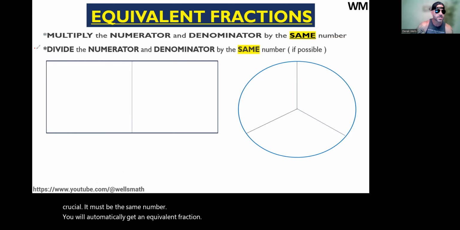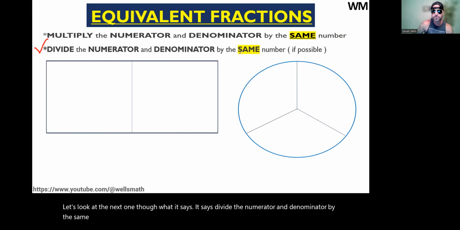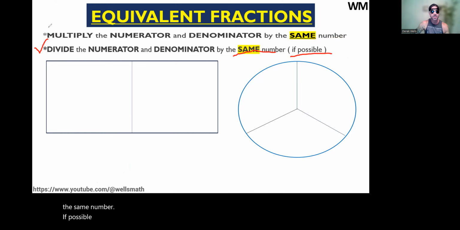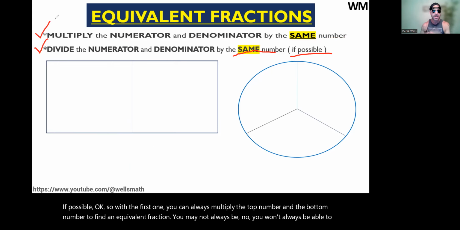Let's look at the next one, though, what it says. It says divide the numerator and denominator by the same number, if possible. Okay, so with the first one, you can always multiply the top number and the bottom number to find an equivalent fraction. You won't always be able to divide both.